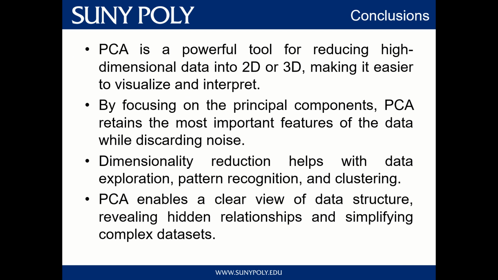PCA is a powerful tool when we have a high number of variables and we want to be able to visualize them, and also when you want to decrease the resources that are required to process your data, especially if you're creating a model or finding patterns. So you want to reduce the dimensionality.